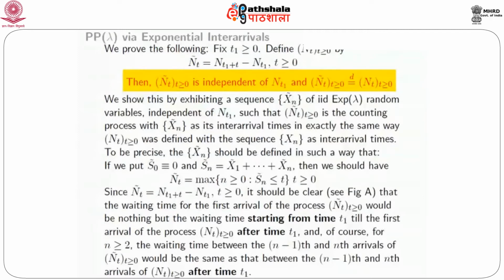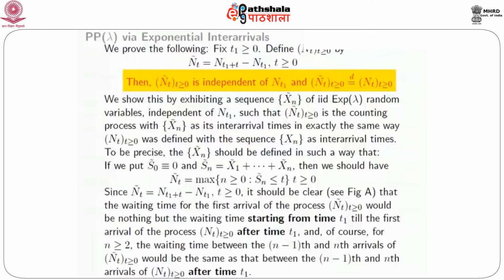And of course, for k greater than or equal to 2, the waiting time between the (k minus 1)th and the kth arrivals of the N tilde process would be the same as that between the (k minus 1)th and the kth arrivals of N_t after time t1. So essentially, N tilde t is looking at the arrivals of the N process only after time t1.